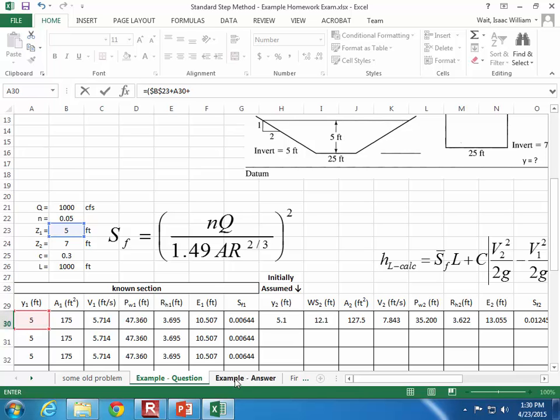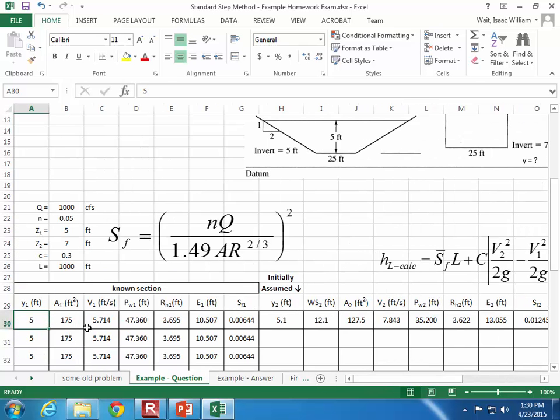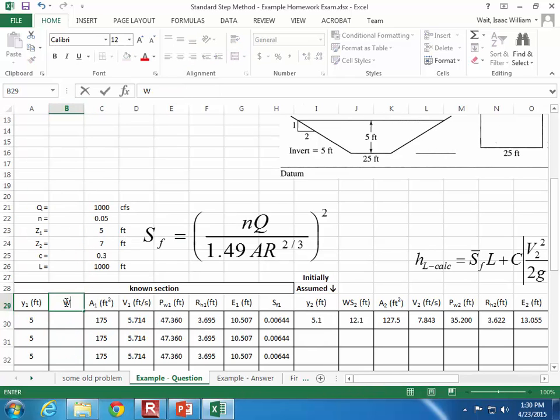I should have just made a column that was WS1. In fact, I'm going to do that now, just because it'll save me time in the long run. So this is WS1 in feet. So it is Z1 plus Y1 plus the velocity head.